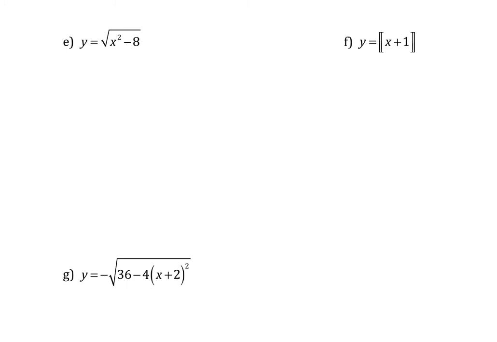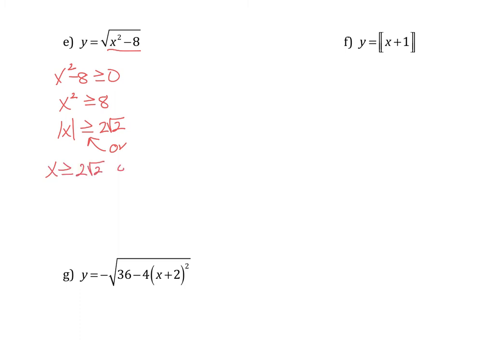So E looks pretty similar, but it is slightly different. I'm going to again take my radicand and set it greater than or equal to 0. So absolute value of x is greater than or equal to 2 root 2. Remember, when it's greater than, it's going to be or. So that means x is greater than or equal to 2 root 2, or x is less than or equal to -2 root 2. You've got to remember to flip the inequality symbol and make it negative in the second case.